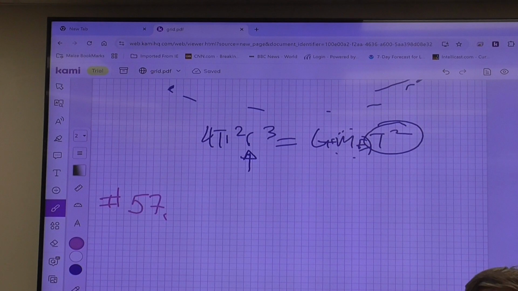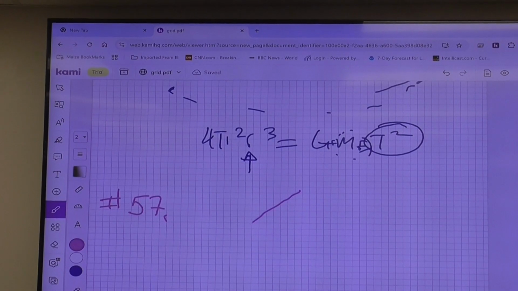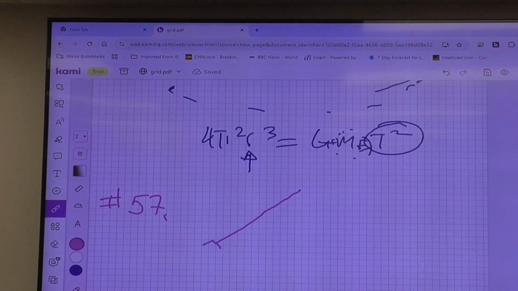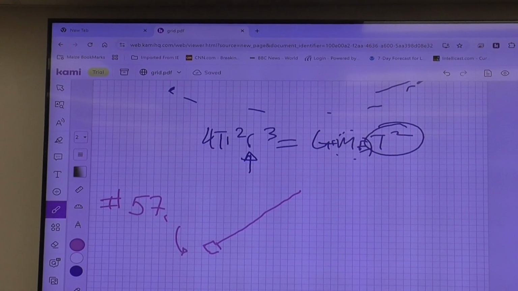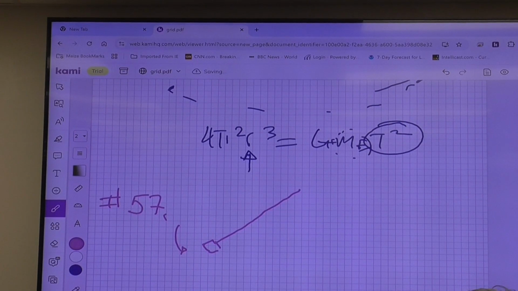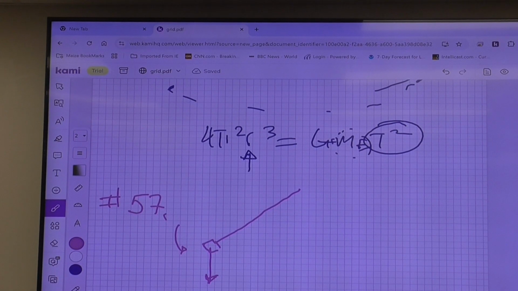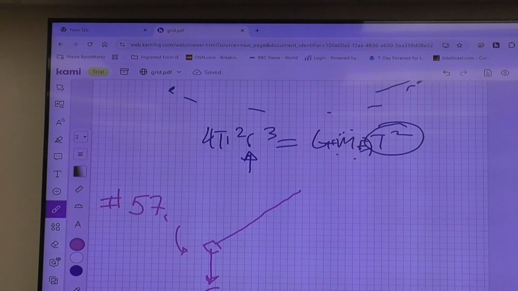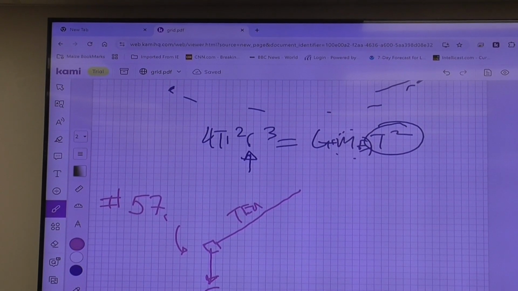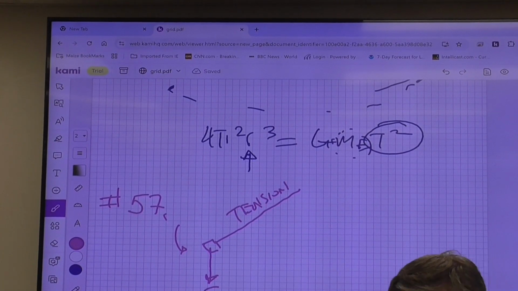That's it. So as this thing is going around in a circle, the only two forces actually acting on it are gravity and the tension in the string. Those are the only two.